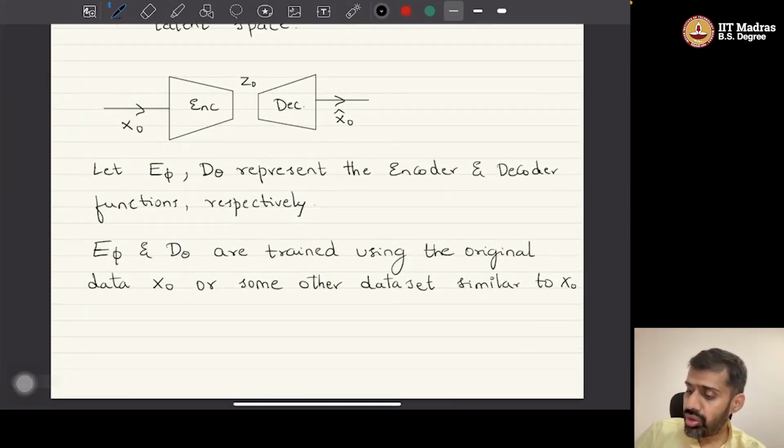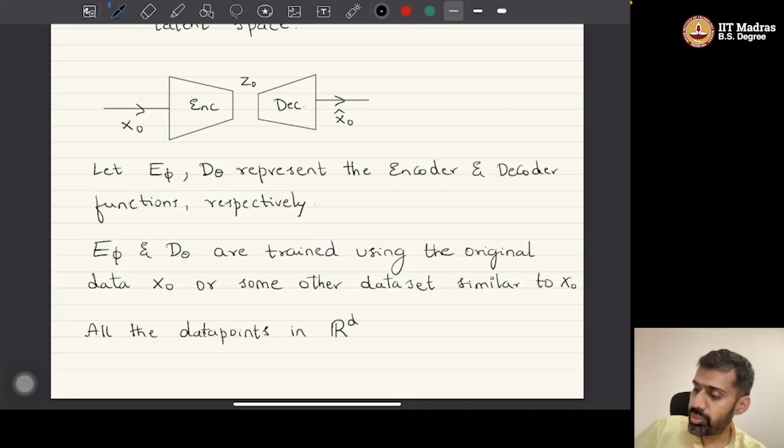Then what happens is that all the data points in R^D, which is the real data space, are projected onto the latent space via the encoder.